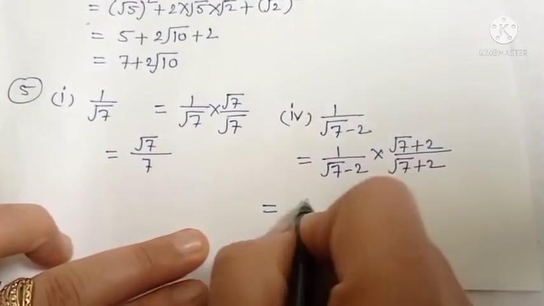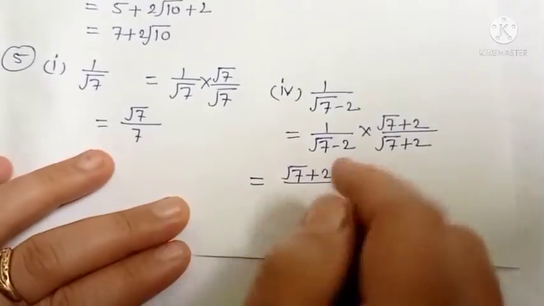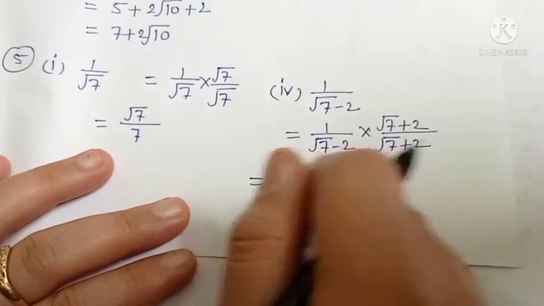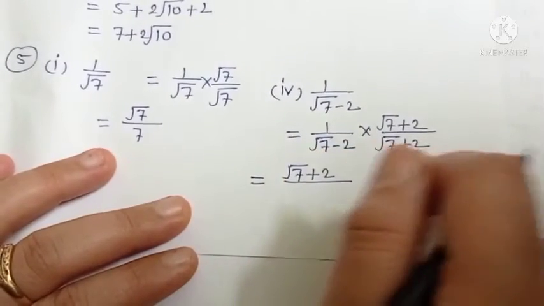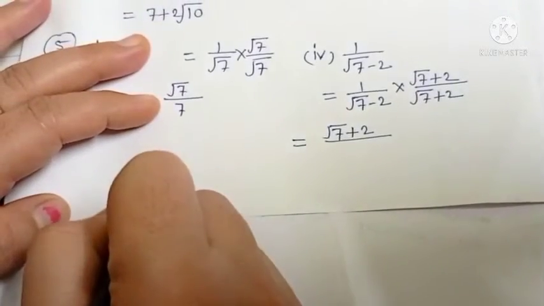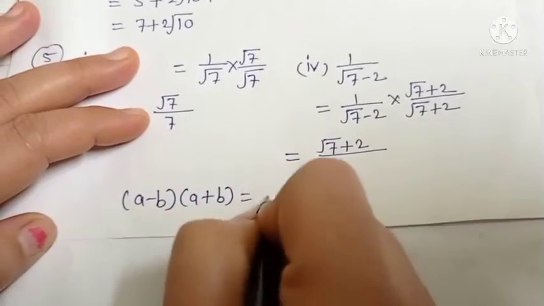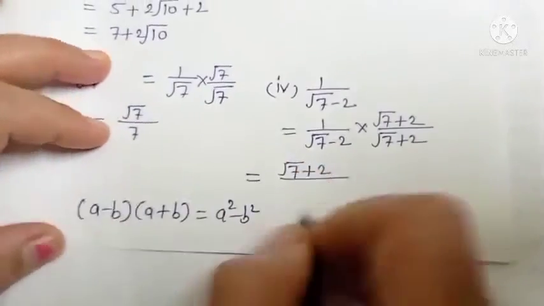By under root 7 plus 2, then it becomes under root 7 minus 2 into under root 7 plus 2, which is a minus b into a plus b. So we can use the formula a minus b into a plus b equals a square minus b square.